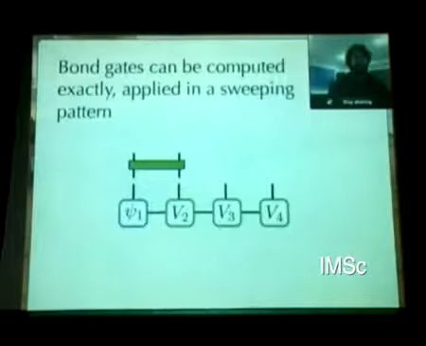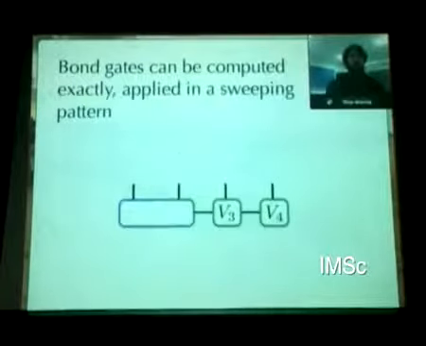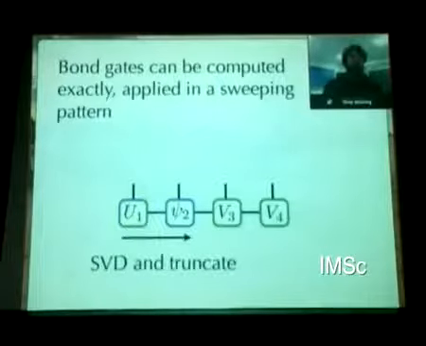Once you have this, we call these e to the minus tau h on each bond gates. You take these gates and apply them one time, and that's like applying one time step tau. Once you go enough time steps, you apply the full e to the minus beta H over 2.